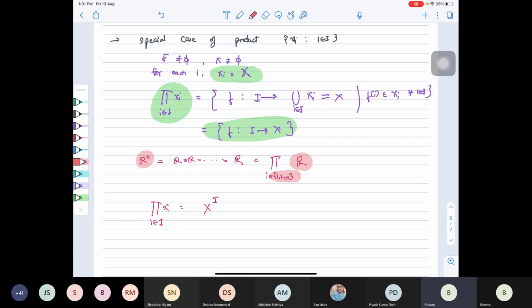So I am denoting the product of X to be X to the power I, that means all the functions from I to X.